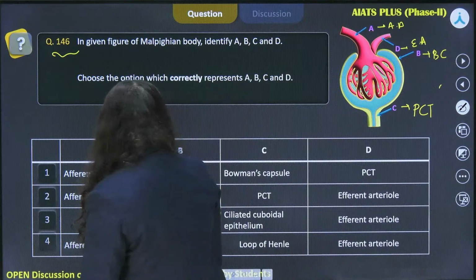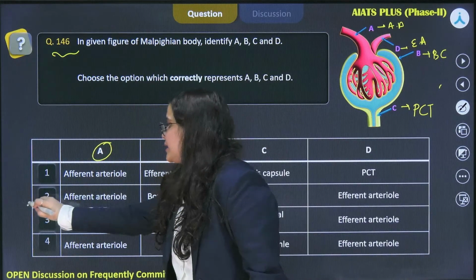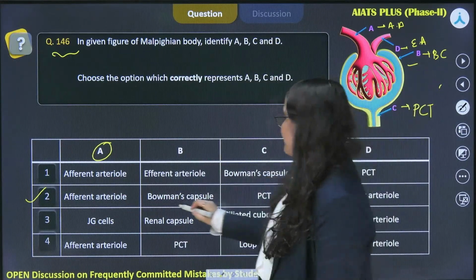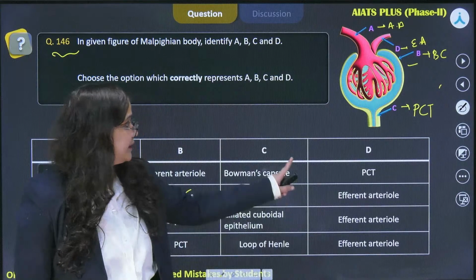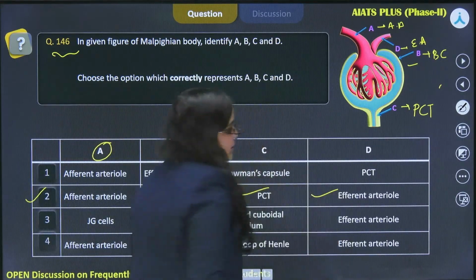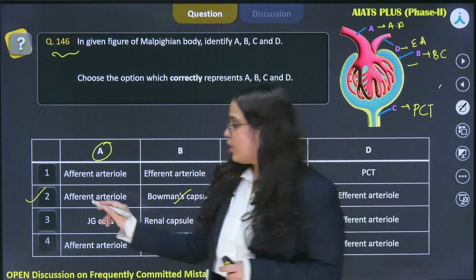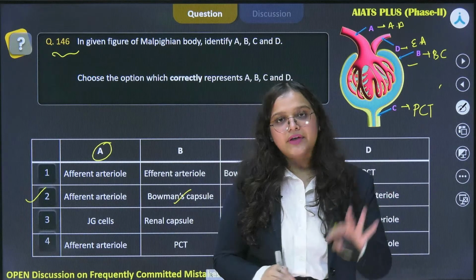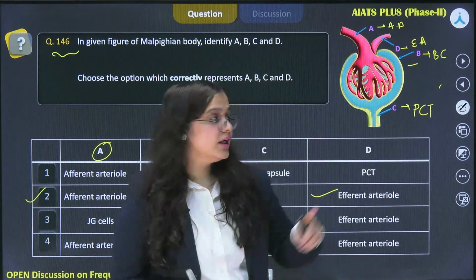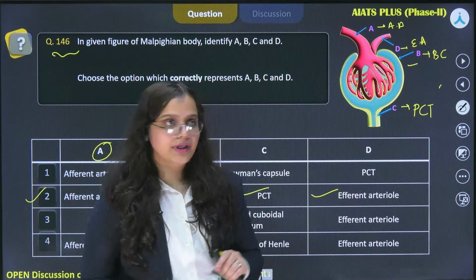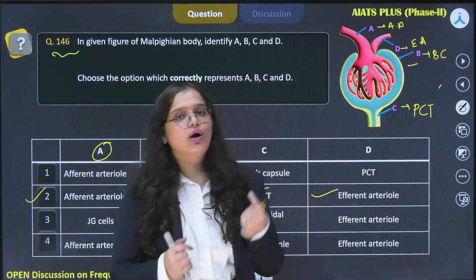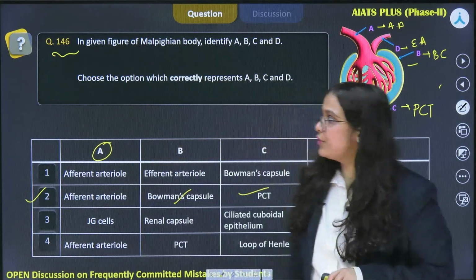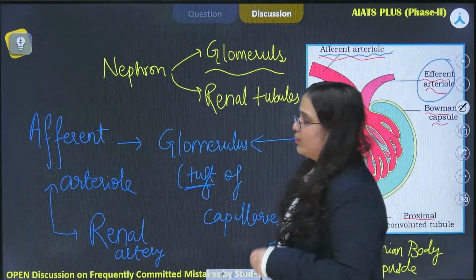And in the options given, I can see my correct match is option 2, as A is efferent arteriole, B is Bowman's capsule, C is PCT, and D is efferent arteriole. So we will straight away eliminate the other options and we'll reach a final answer. And by looking at this question, I realize that it is important that we learn the diagrams of NCERT as well, because it was a very simple question. All we had to do is to remember those labelings. Okay, and we cannot afford to lose on such simple questions.